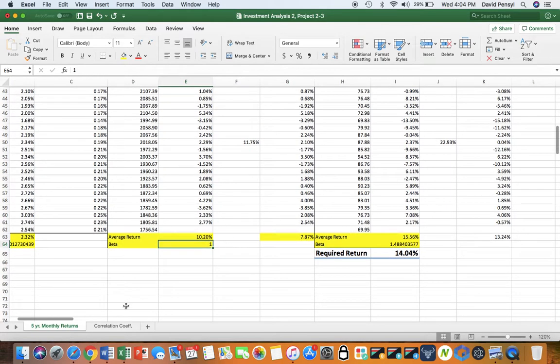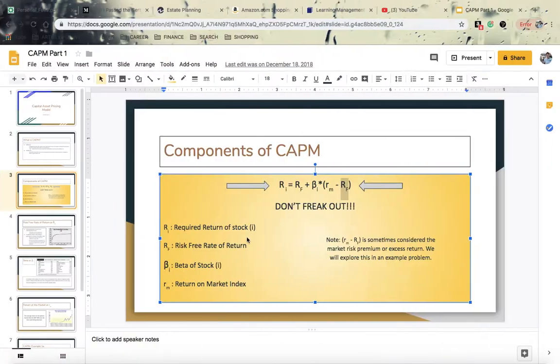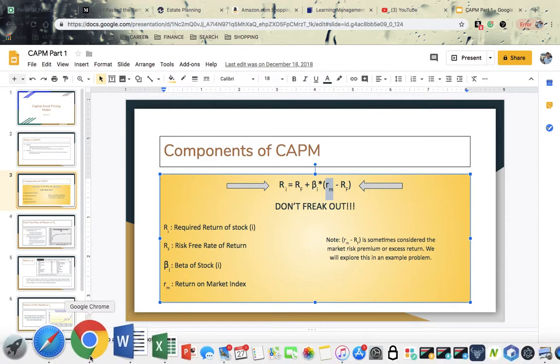So now that we have our 10.2%, that's going to go right here, return on market index. So now we have the risk-free rate of return over here, the return on the market, that was our 10.2%, and all we need is the beta of the stock we're looking at as an example.